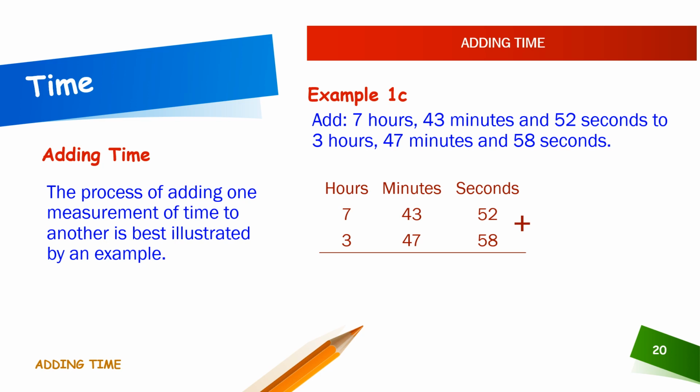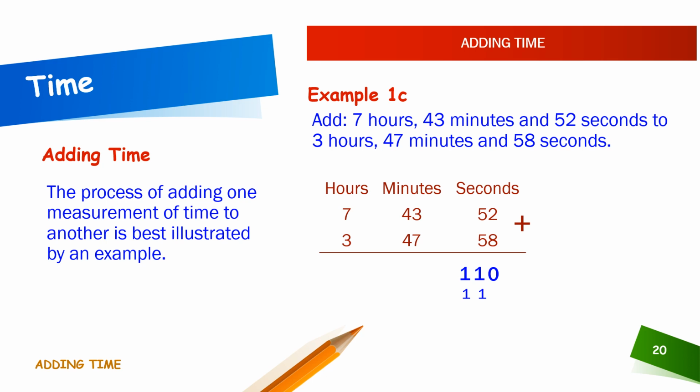Then we begin by adding the seconds. 52 add 58. 2 plus 8 is 10, and 5 plus 5 plus 1 is 11.